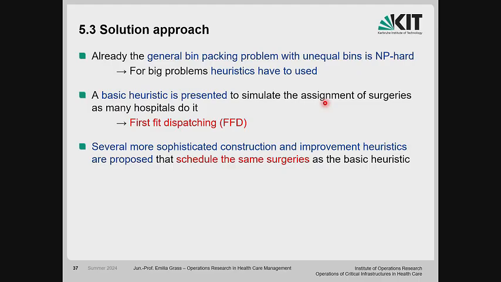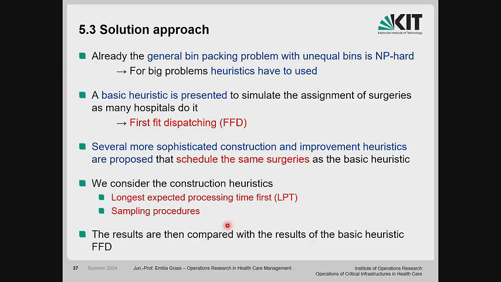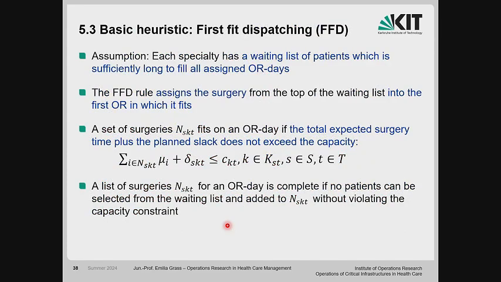Of course, there also exist sophisticated improvement heuristics that can improve the first fit dispatching heuristic. In this lecture we will consider the longest expected processing time first, the LPT rule, and the sampling procedures. Then we simply compare them with the first fit dispatching rule, the basic heuristic that, as I said, is still used in hospitals.